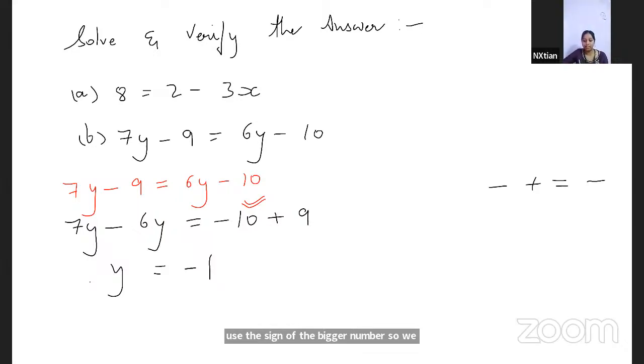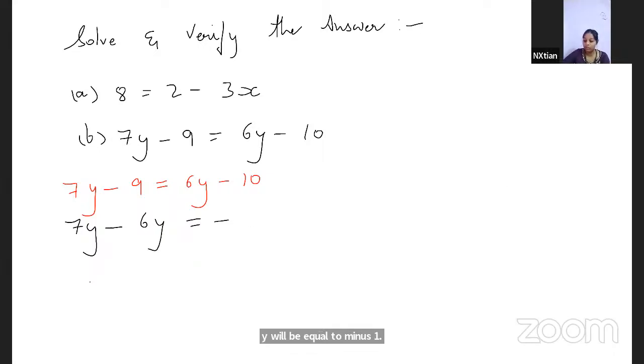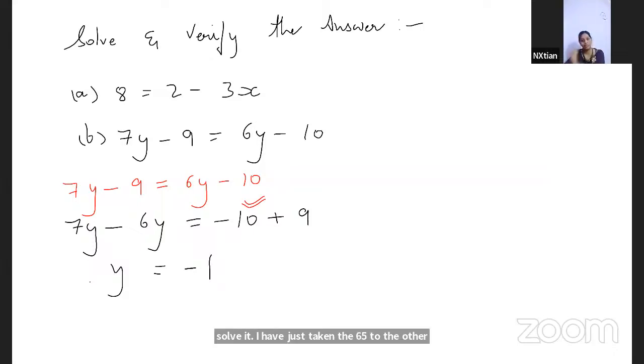So we will get minus 1. y will be equal to minus 1. Okay, this is how we will solve it. I have just taken the 6y to the other side, variables and numbers we separate.